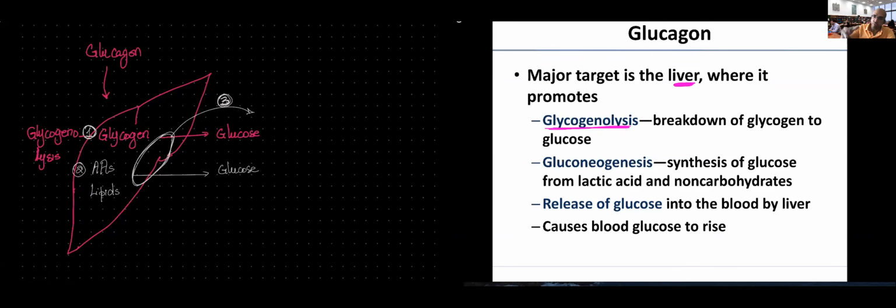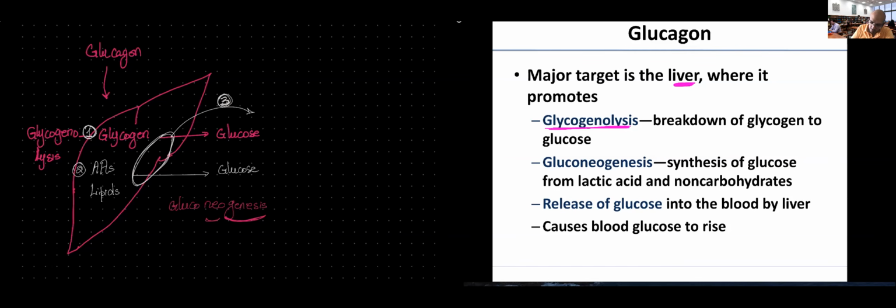The conversion of amino acids and fats into glucose. This is what we call the gluconeogenesis. What is genesis means? Genesis means creation, formation.